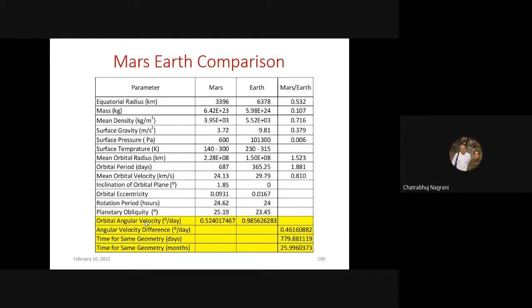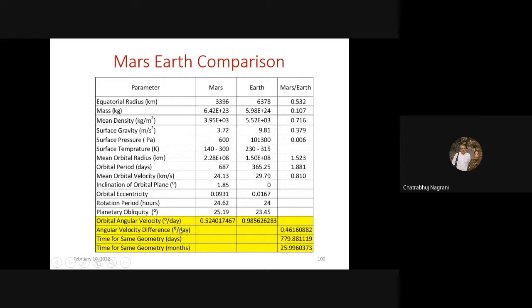Only when there is a particular angle between Earth and Mars is the launch possible. I am drawing that angle from the center of the Sun, because it is easier.